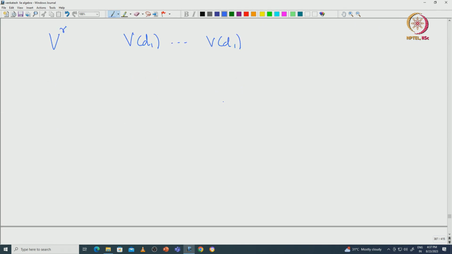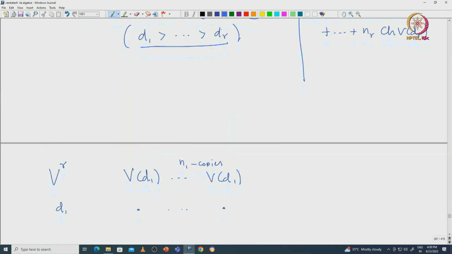For example, the d1 space will have all one-dimensional eigenspaces. Depending upon the number of copies, you will get that many one-dimensional eigenspaces corresponding to the d1 eigenvalue. There are n1 copies, so that many we will have.